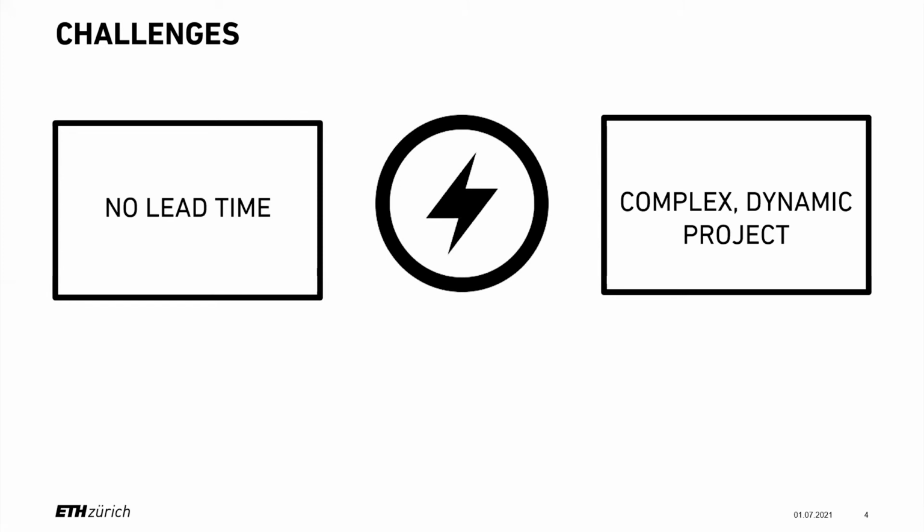Because we had no lead time, I wasn't able to create a communication concept, which helps to define the target group, how we should talk to people, and what our goals are. So we just had to keep it simple and smart.